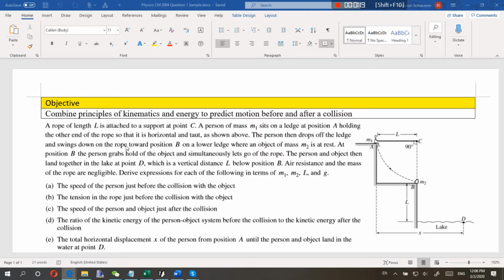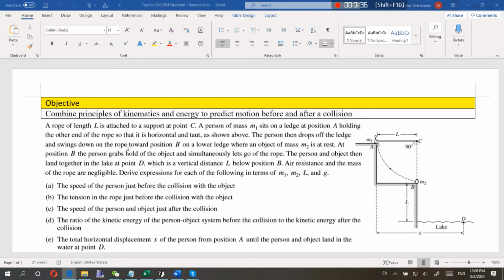At B, the person grabs hold of the object and then lets go of the rope. The person and the object land together in the lake at point D, where there is a vertical distance L between position B and the water. So same length as the rope.